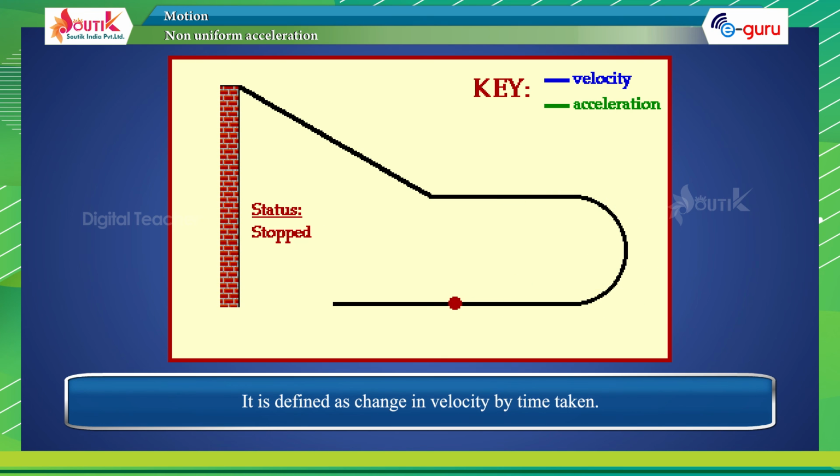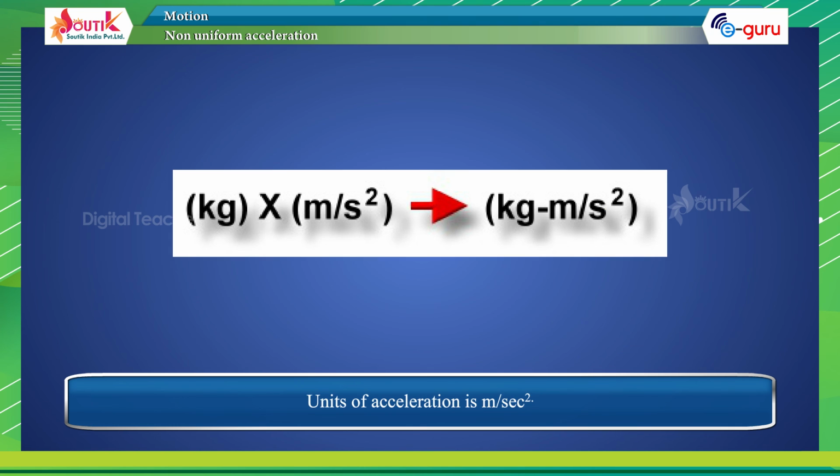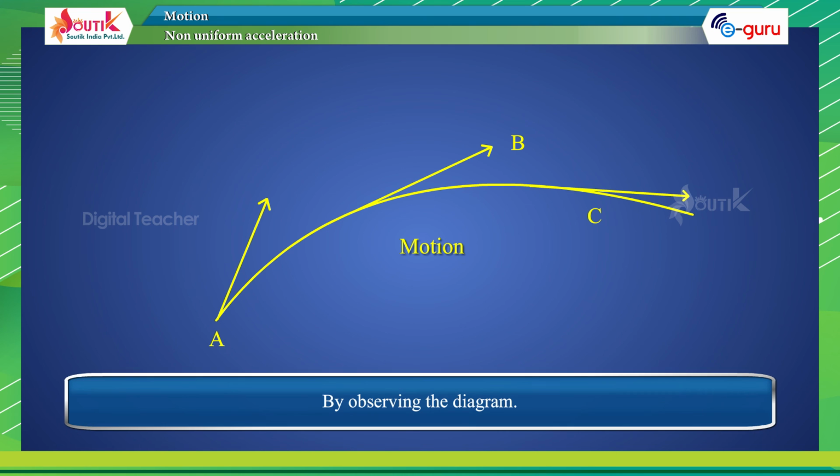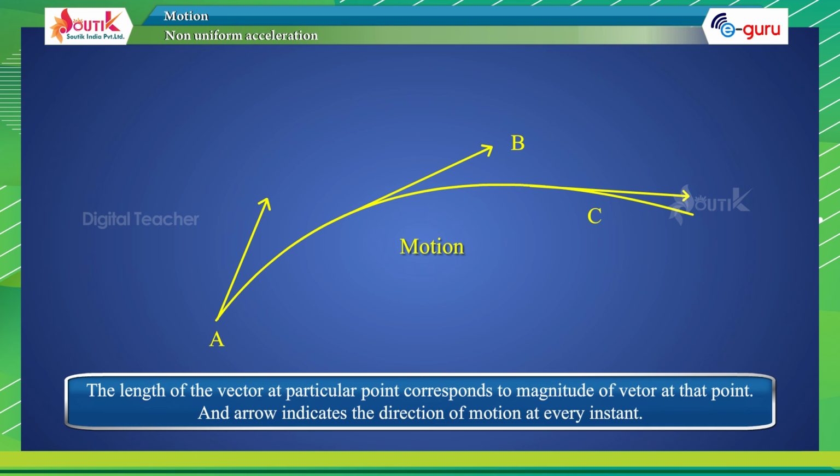It is defined as change in velocity by time taken. The unit of acceleration is meter per second squared. By observing the diagram, the length of the vector at a particular point corresponds to the magnitude of the vector at that point. An arrow indicates the direction of motion at every instant.